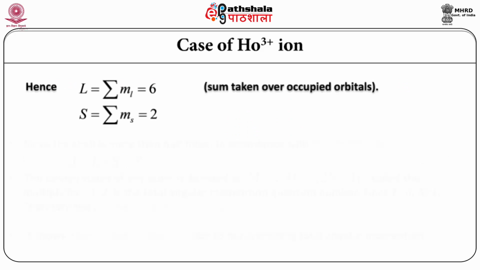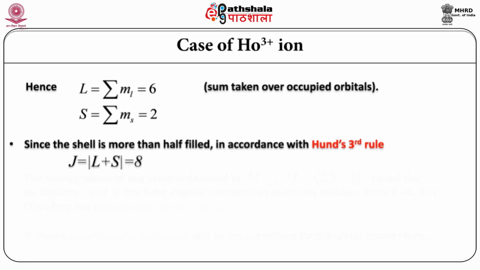Now continuing with the Ho3 plus ion. As before, L is equal to the summation over ml, which is 6 here, and S is equal to the summation over ms, which is 2 here. Since the shell is more than half filled, in accordance with Hund's third rule, and it's very important, less than half filled and more than half filled are 2 different cases, J will be equal to mod of L plus S, which is 8.